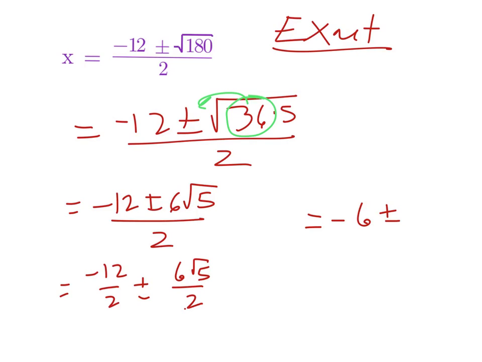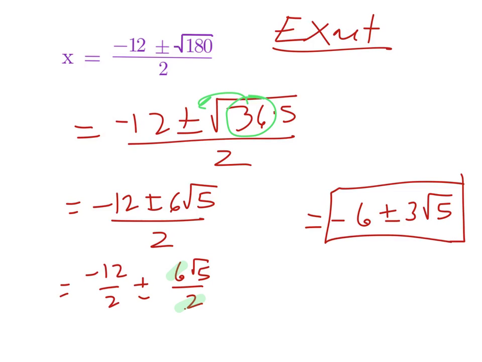Obviously, 2 doesn't go into 5. But since 2 is not under a radical, you can't bring those together. But what I can do is simplify there. Okay, so that gives me 3 root 5. This is an exact answer. Okay, simplified radical form as far as I can.